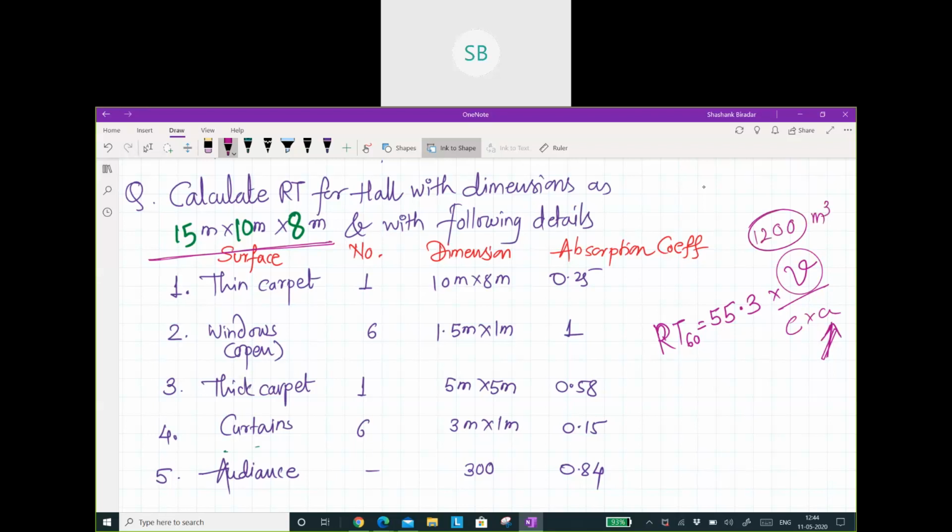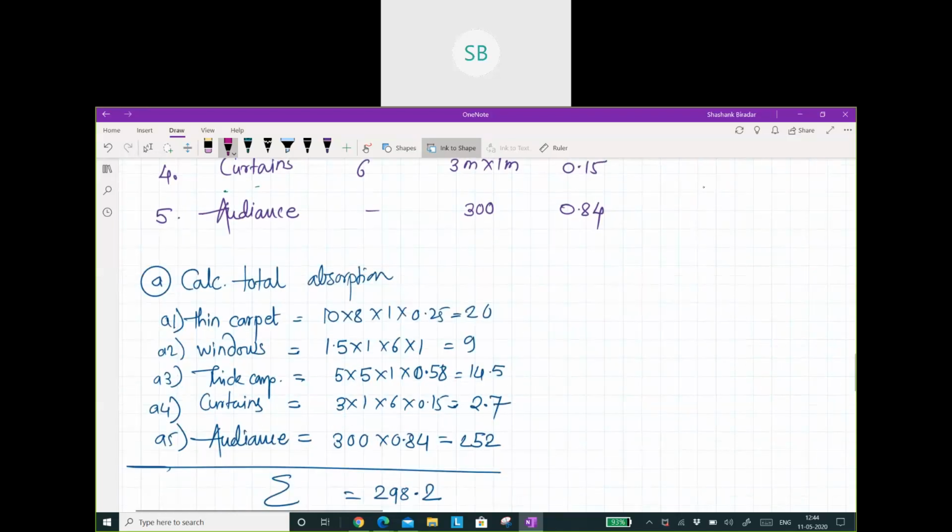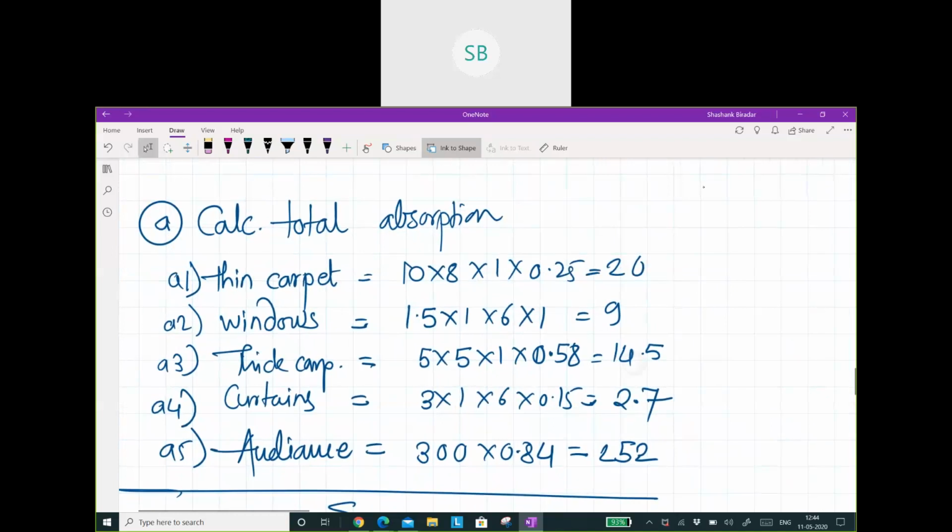That is quite easy. But the calculation of total absorption, just try to concentrate here, and we will see how these parameters are calculated. I hope you are getting a clear picture of this display.